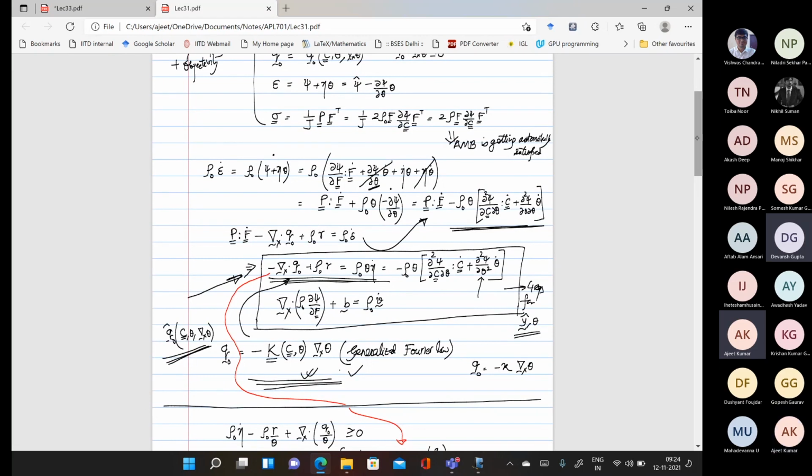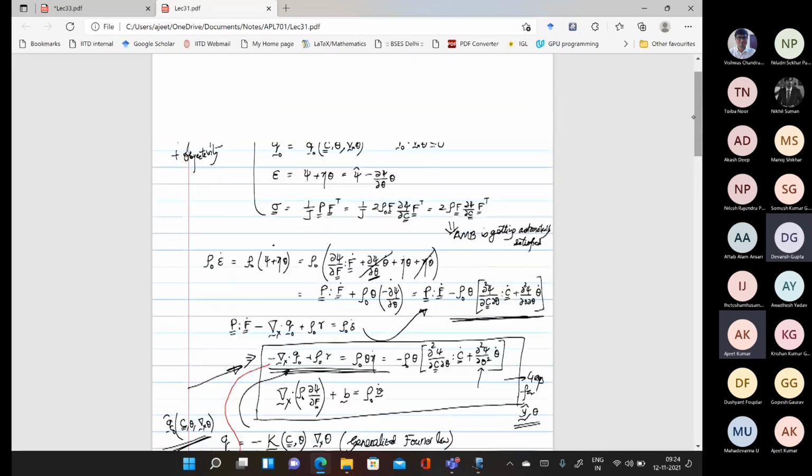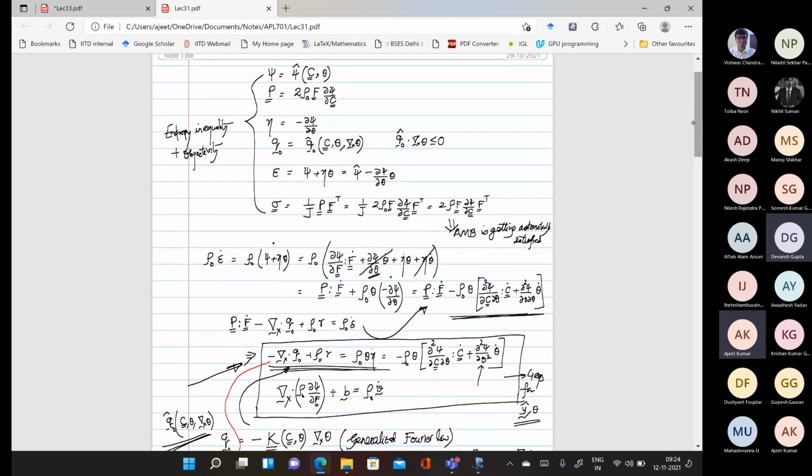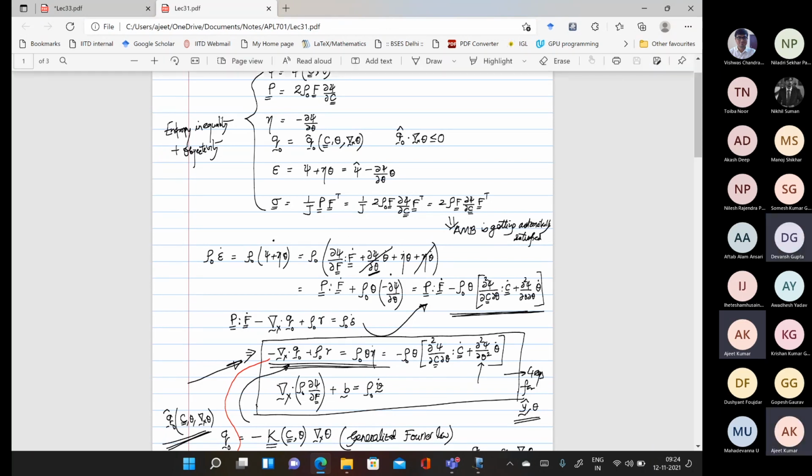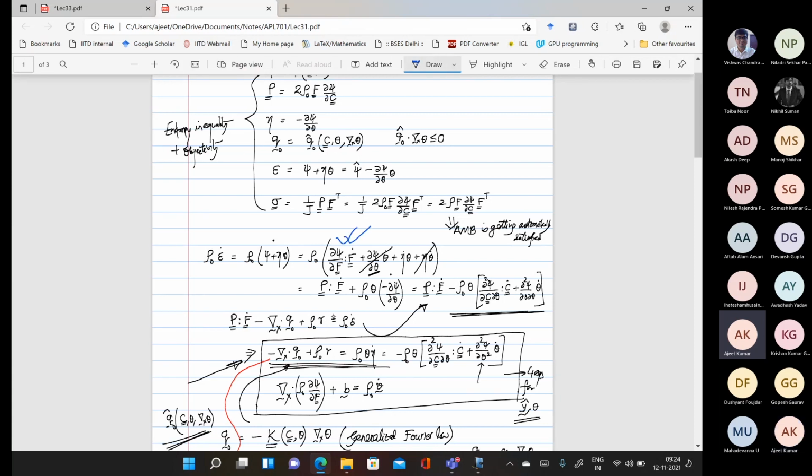Sir, for the first part, while separating the variables, we separated it in terms of F, like del psi by del F double contraction F dot. But when we are doing it again, we are doing it in terms of C. Is there any reason for it, or is it just for the ease of mathematics? There was a reason. Initially we did it with F so that we could cancel things. Let me see where it is.